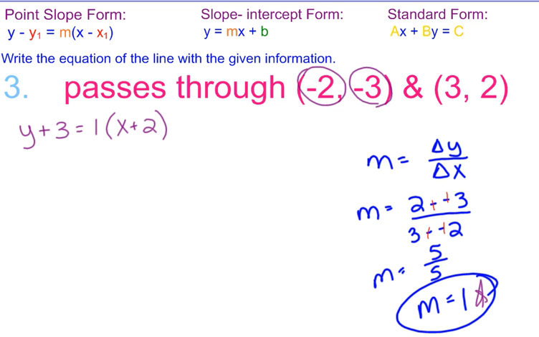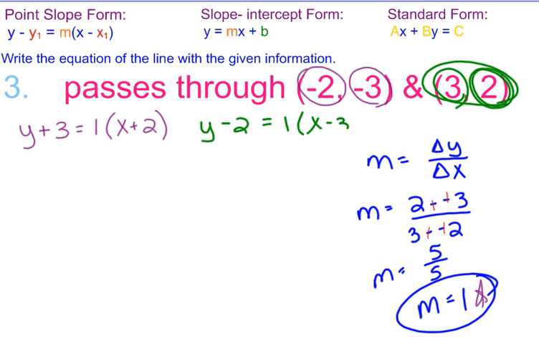Now, had I used the other ordered pair right here, I would have gotten a different answer. So it would be y minus 2 equals the same slope, 1, times x minus 3. Either of these answers work. Neither one is better than the other. It does not matter at all which one you pick for point-slope form. So this is my answer for point-slope form.